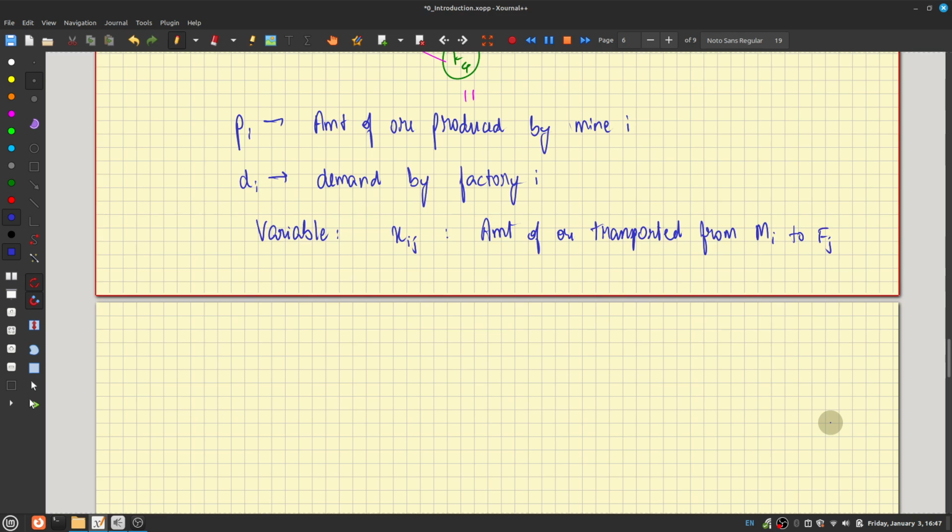So let's say that you're transporting 1 ton of ore over 100 kilometers. We'll make a simplifying assumption and say that if you want to transport 2 tons of ore over the same distance, then your costs double.